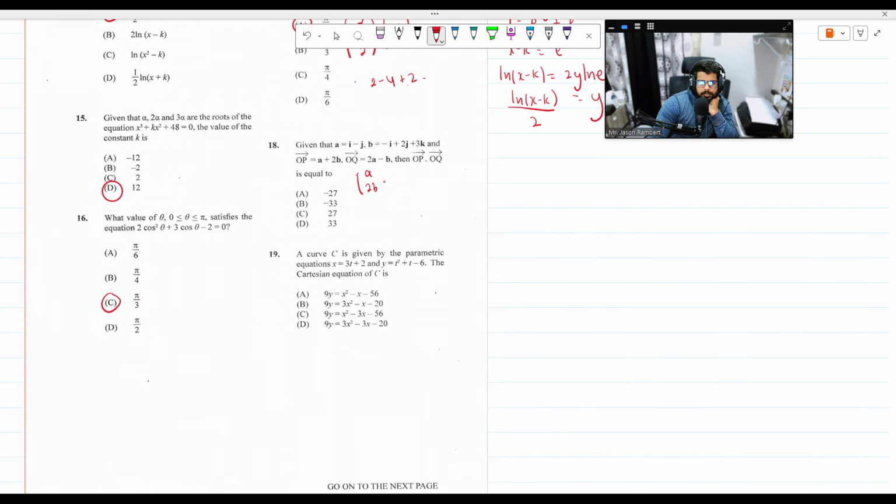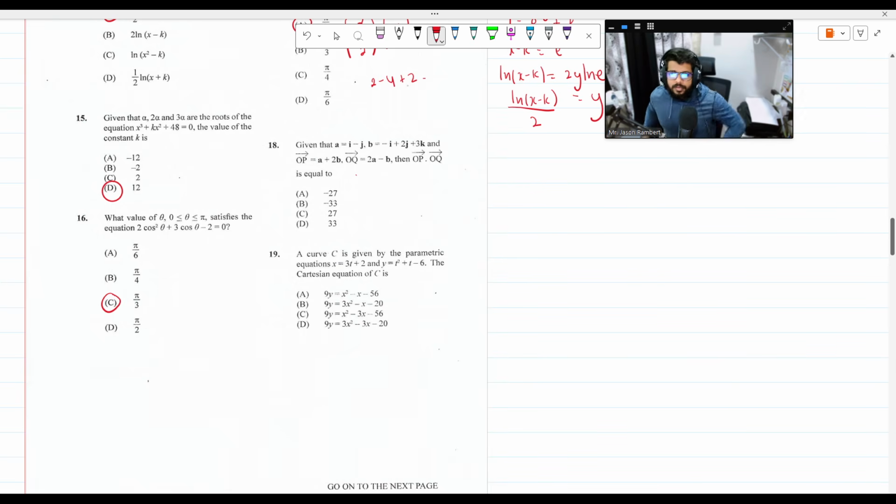A to B, 2A minus B. I'm going to get 2A squared minus 2B squared, 2 into A squared minus B squared, which is 2 into A plus B into A minus B. Yeah, let me plug in the values first.